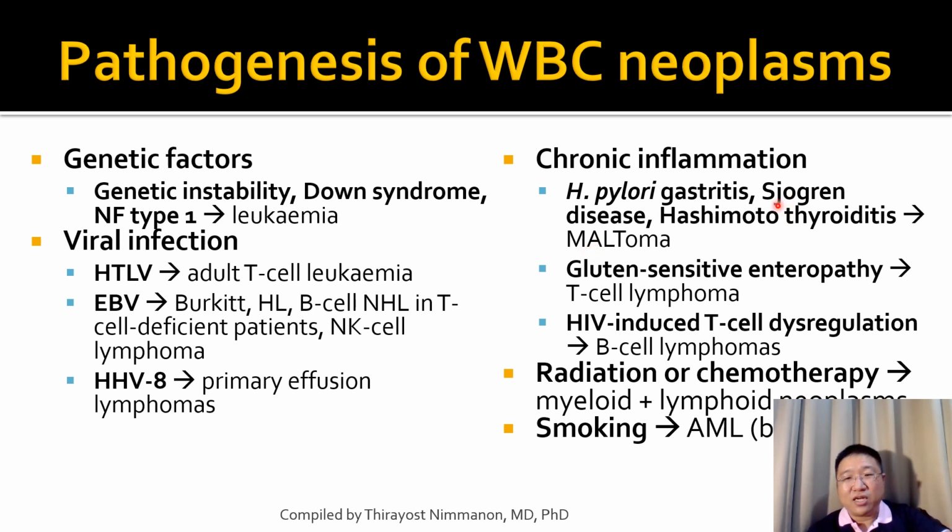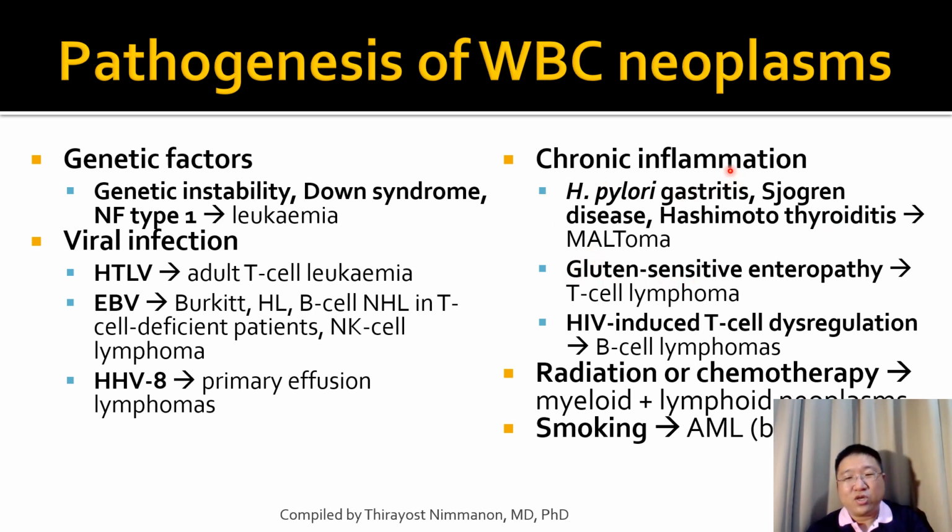Other autoimmune diseases such as Sjogren disease and Hashimoto thyroiditis are also precursors for MALT lymphoma. For example, lymphoma within the thyroid gland is known to be caused by Hashimoto thyroiditis.